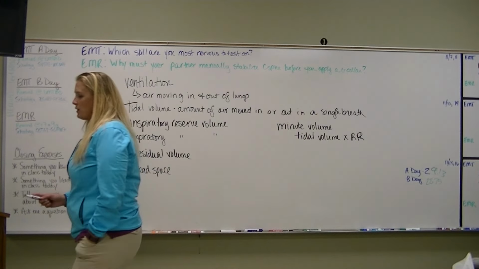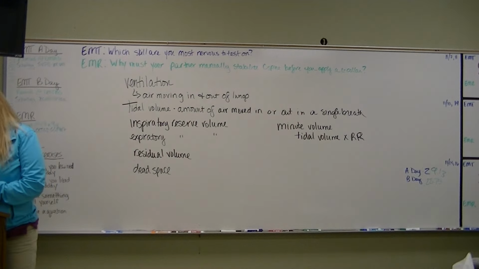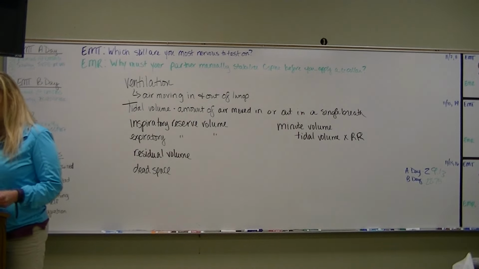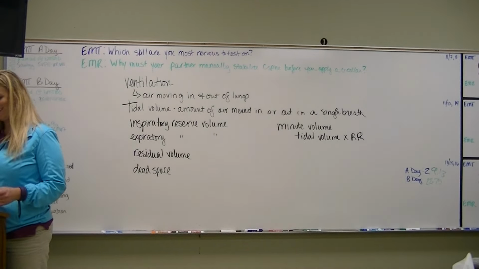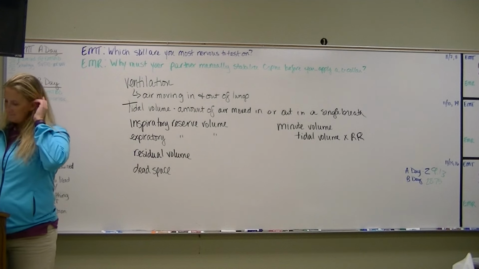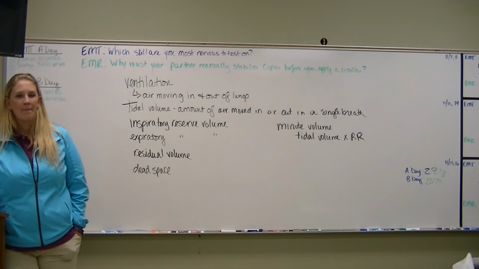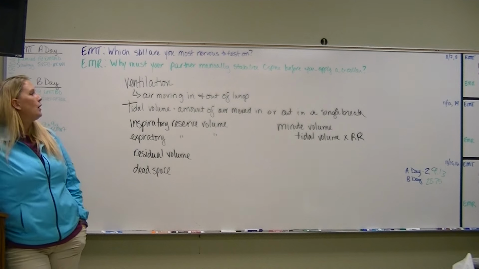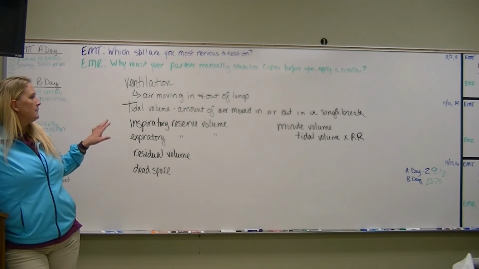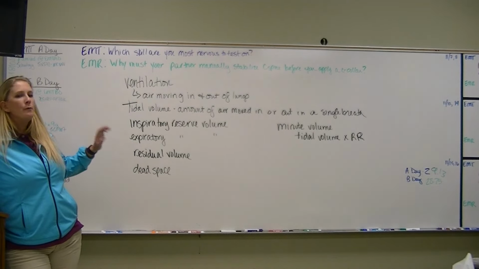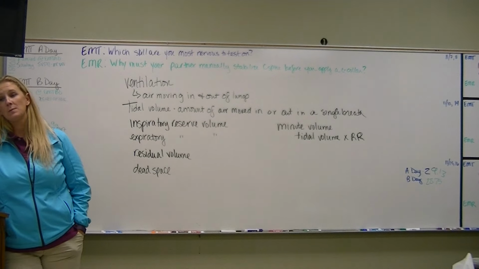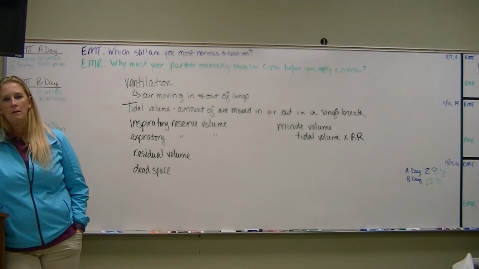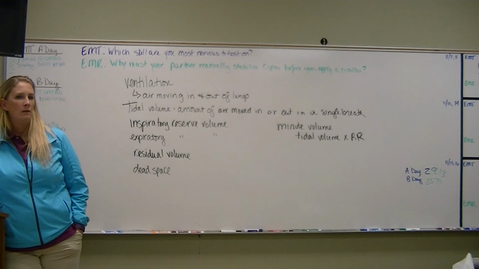So how do you figure out what your tidal volume is? Spirometry test. How are you going to know if you've got enough air moving for it to be adequate respirations? Is that the 500 milliliter thing?